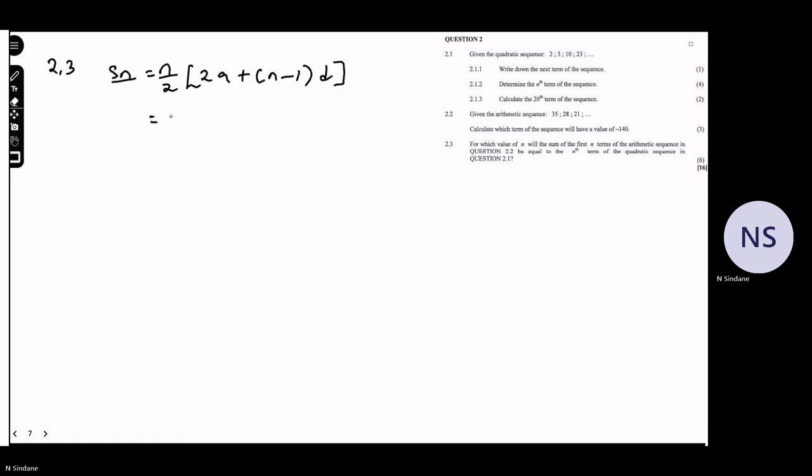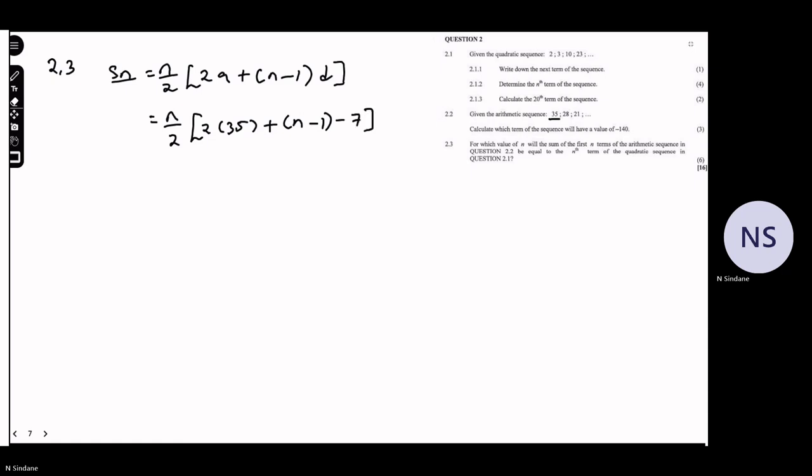And then we don't know the value of n, so we substitute it as it is, n over 2 into 2 times the first term of the arithmetic sequence. I believe it was 35, yes, here 35, plus (n minus 1), the difference we got is negative 7.